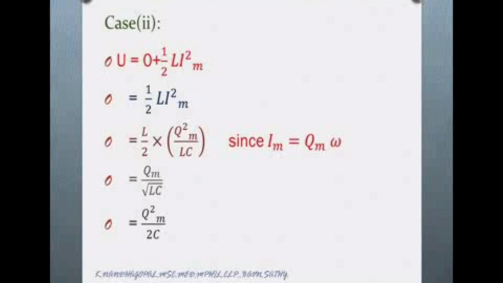Here we are adding the two values, so you can get it like this: L by 2 into Qm square by LC, right? Instead of i square, you are writing it like this. So Im equal to Qm omega, and that's why we are writing it here. Then Qm square by LC, we are taking the square root. Then Qm square by 2C.